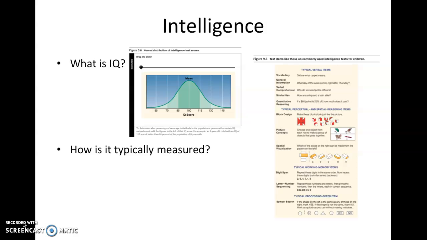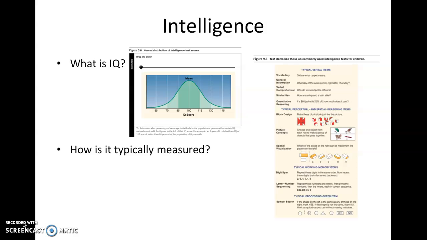There's a figure in Chapter 9, Figure 9.3, that you see on the screen here. That shows some of the typical kinds of questions that you might see on a classic IQ test. And you'll see that these are similar in a lot of ways to what you see on that queendom.com test.